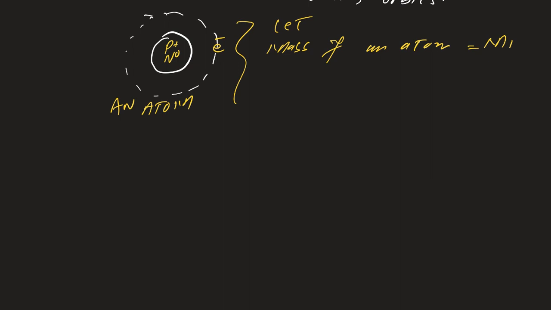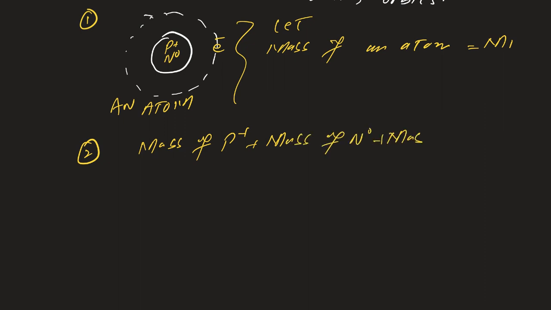First of all you calculate the collective mass of the atom experimentally, and this is number one. Secondly, you calculate the mass of the individual particles, that is mass of proton plus mass of neutron plus mass of electron.